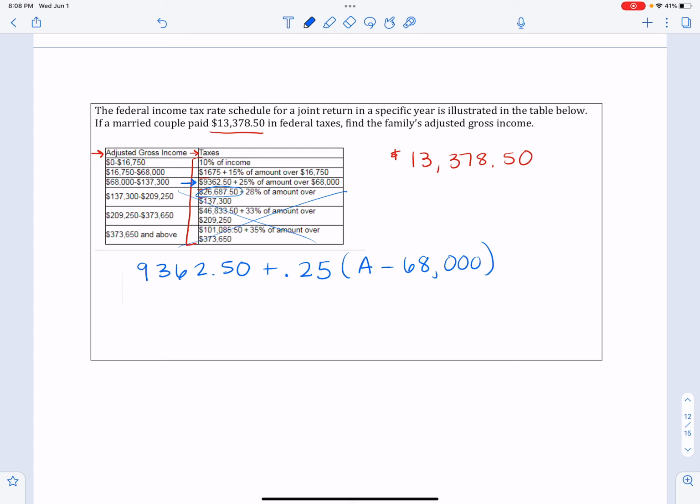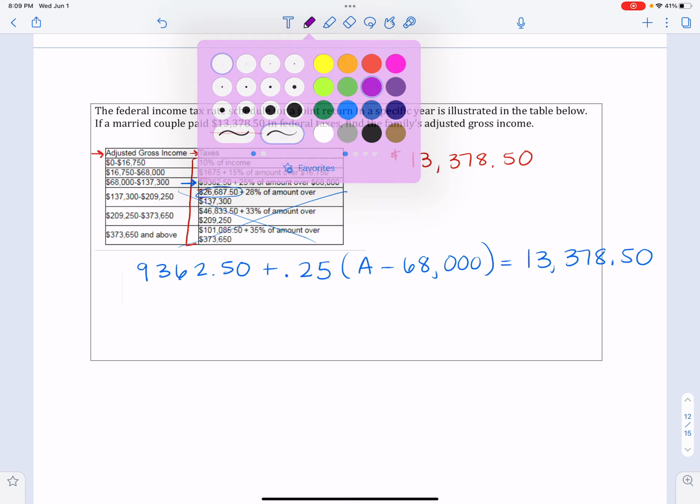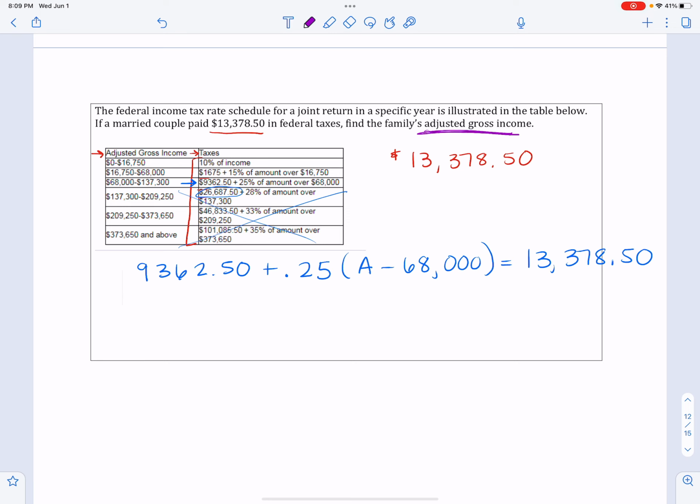So again, all you're going to do here is figure out which bracket they're in, include the base rate plus the percentage, and you're going to do A minus the amount over, and that will equal the amount of taxes that are paid, which in this case is $13,378.50.